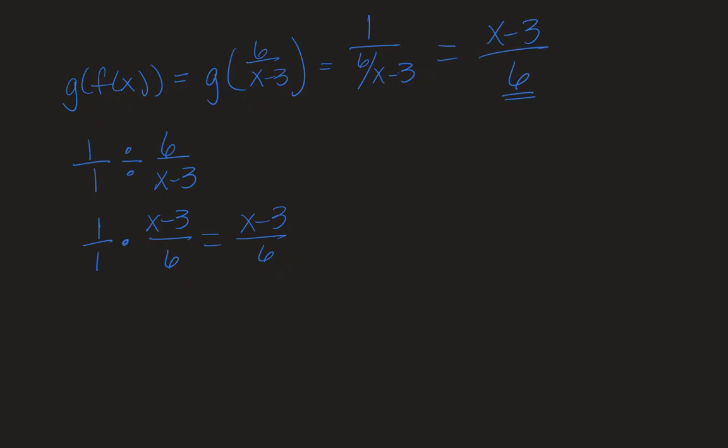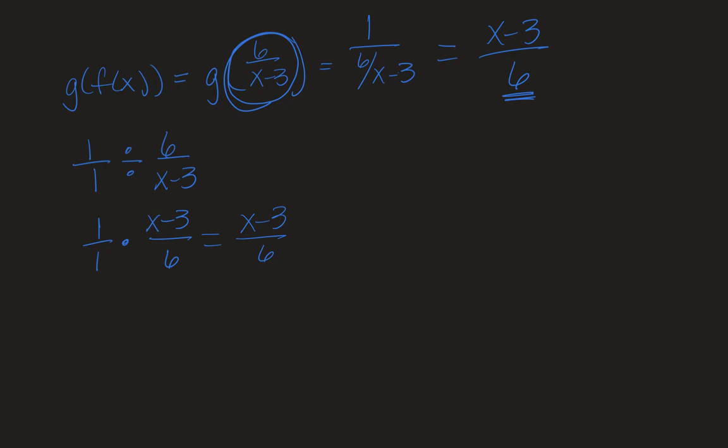Well, I don't have to worry about anything in the denominator because the 6 will never be 0. So we just need to look at what we know, that this number right here can never be 0.